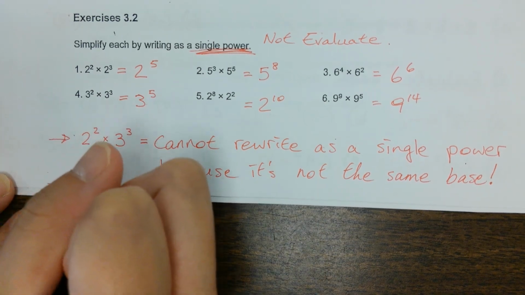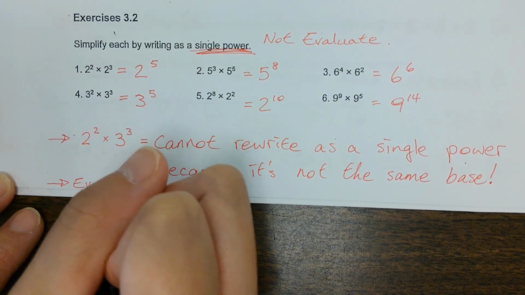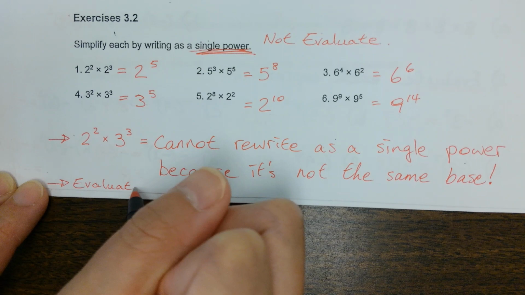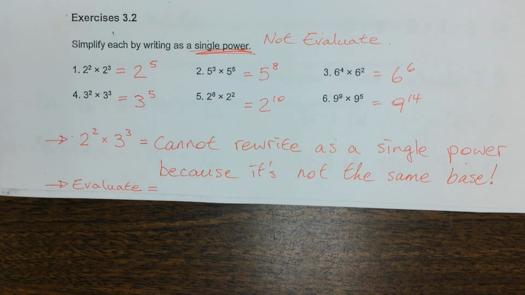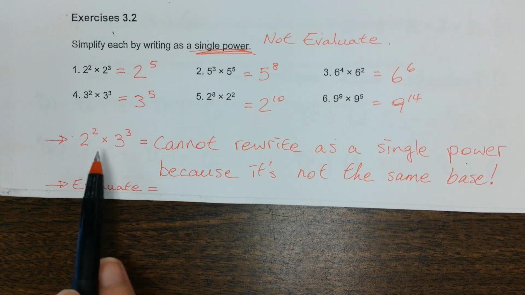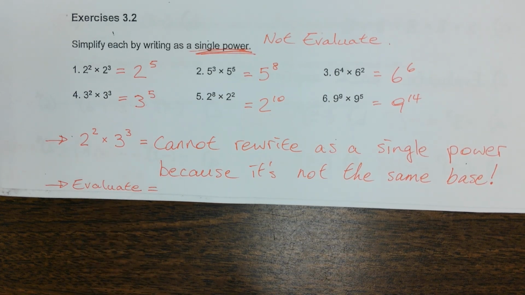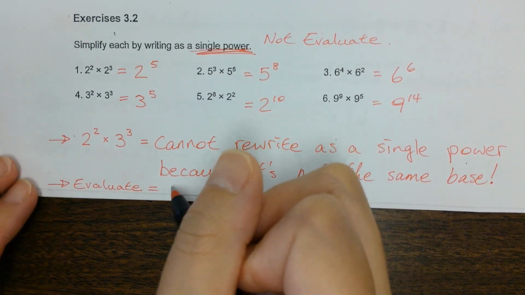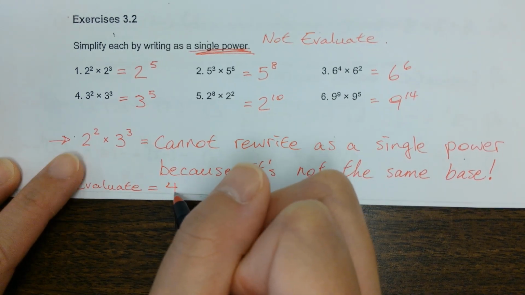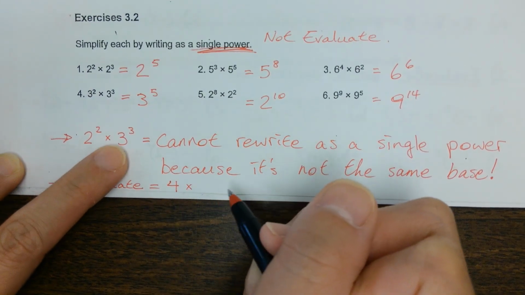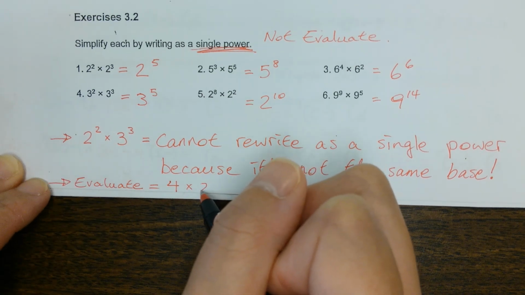Okay, but what if I say evaluate? If the question says evaluate, can I evaluate this? What would my answer be? Sorry? 100, how'd you get that? Calculator, okay. 2 to the 2 is 4. 3 times 3 times 3 is 27.